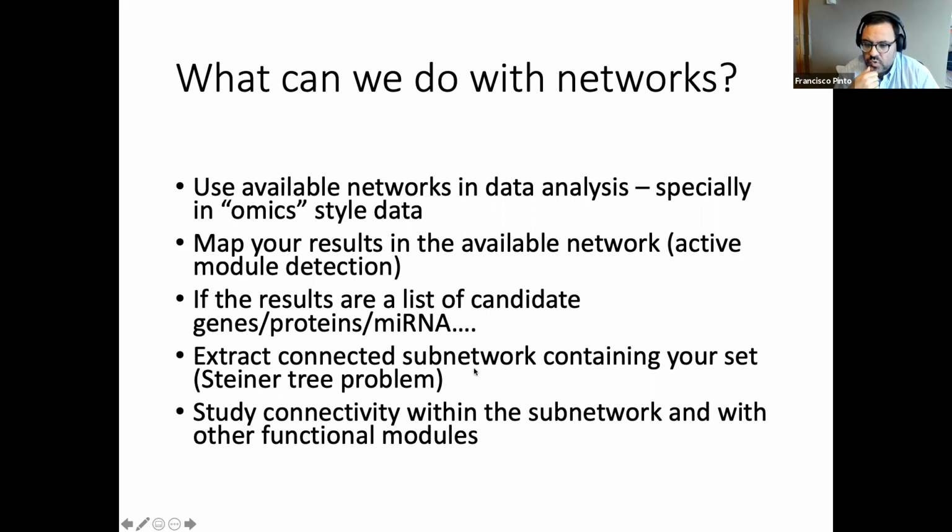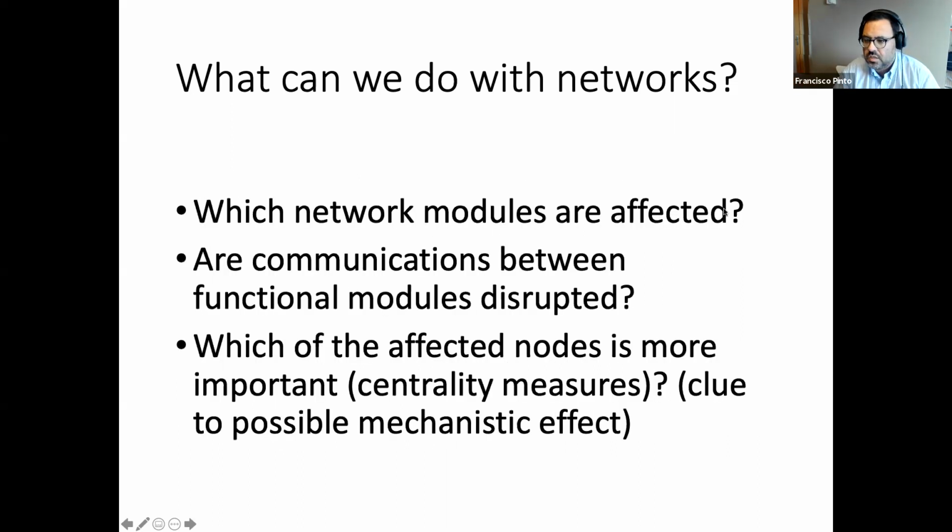And once you have this subnetwork, you can try to divide it further into modules, and identify which modules are more affected, which ones have higher differences in expression, for example. The pattern of changes that you see in those genes means that the communication between functional modules is disrupted or not.